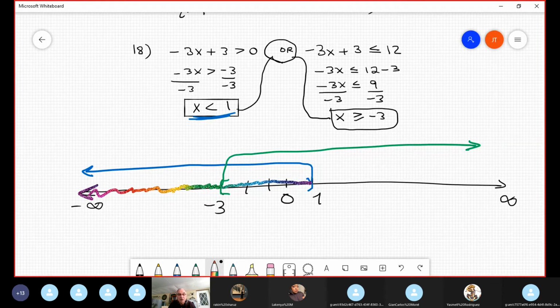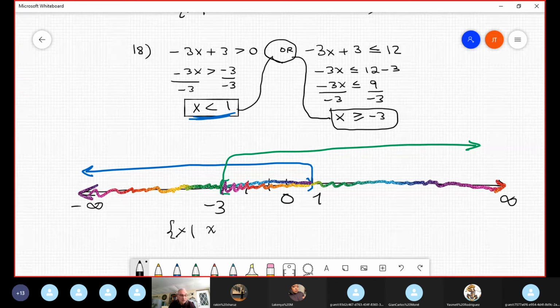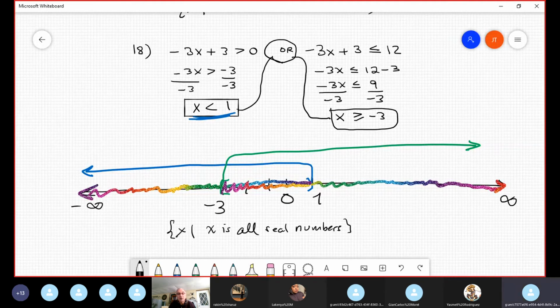Now I want to start highlighting again the green part. And you can see that the union of this is all real numbers. The answer is x such that x is a real number. And the graph looks like the completed entire line.